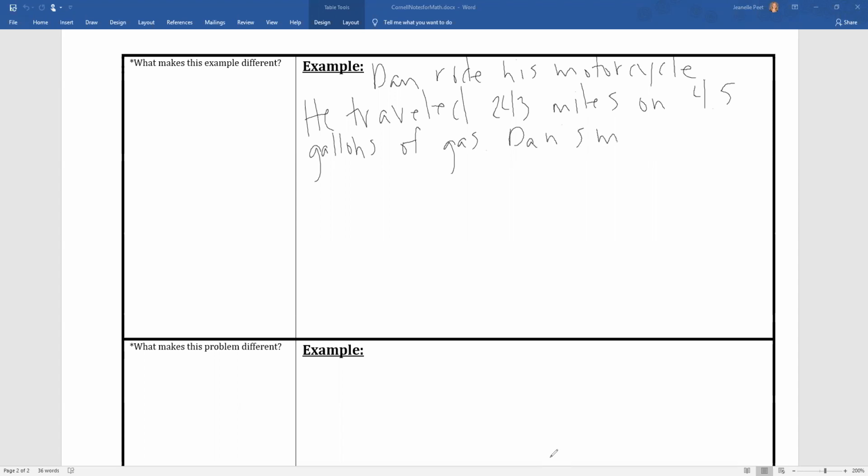Dan's motorcycle averaged how many miles per gallon?